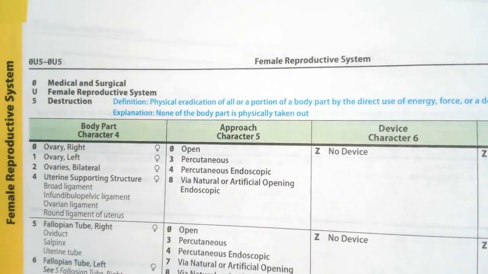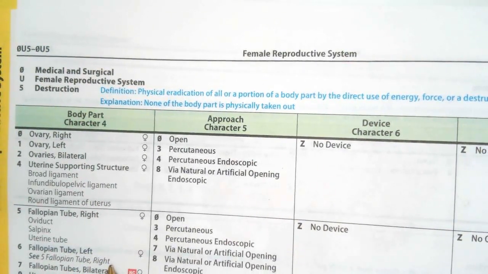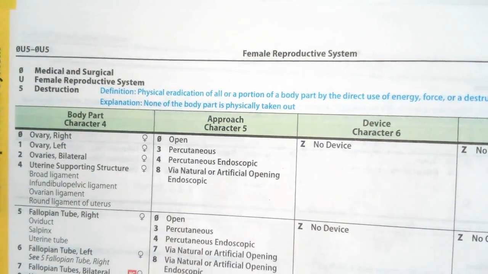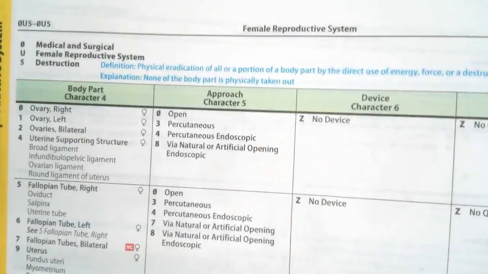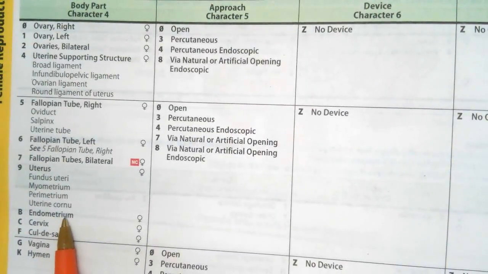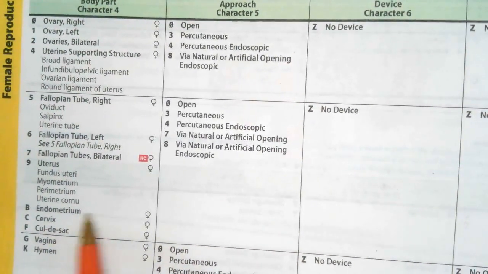So 0U5, and we know the body part was the endometrium, because we saw that. So that body part value is a B. Let's make sure you guys can see that. B for endometrium. Remember the rule, you build your codes going across, so you have to stay across.